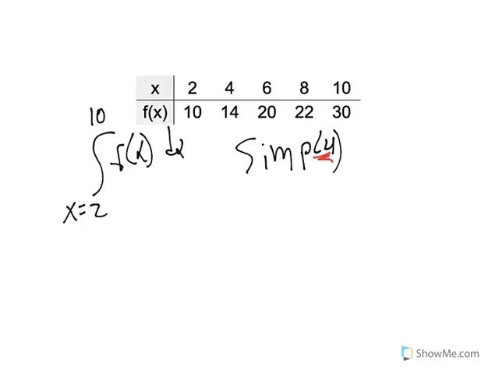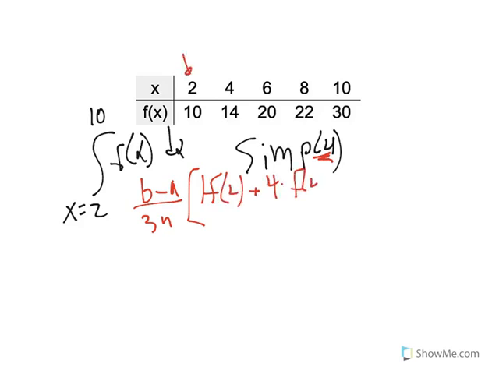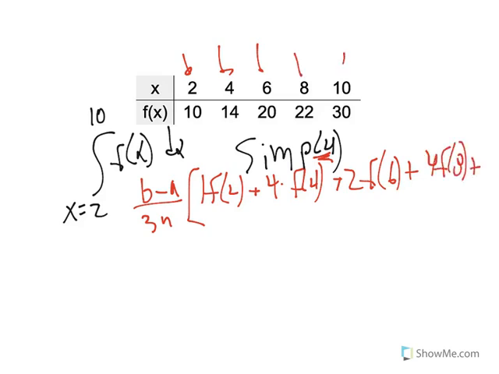So I can approximate this integral as b minus a over 3n, times one of the first, then 4 of the next, 2 of the next, 4 of the next, and then 1 of the last. So here are the coefficients, the 1, 4, 2, 4, 1.